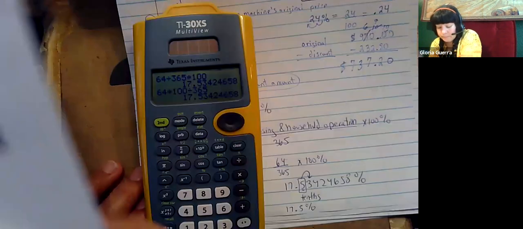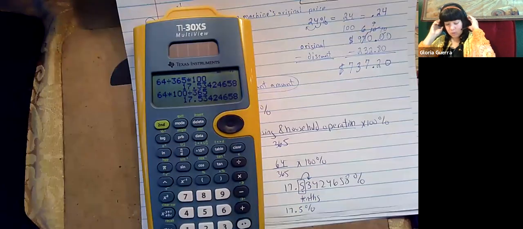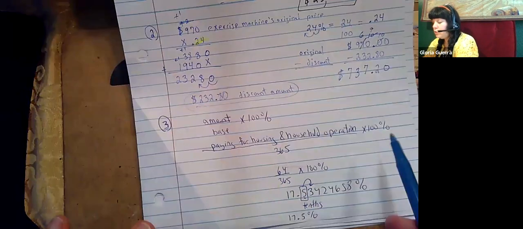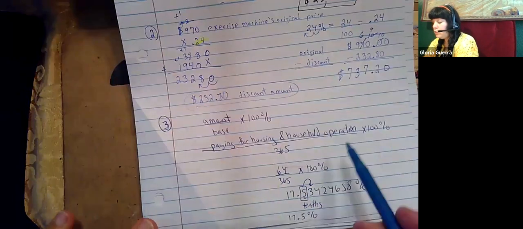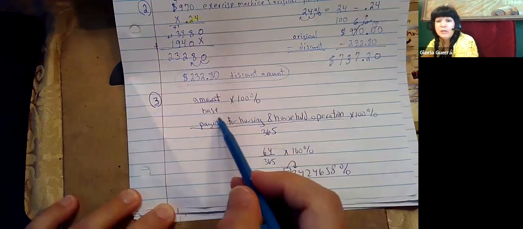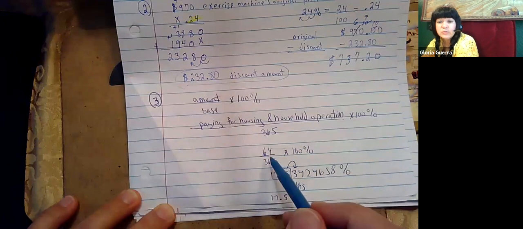Okay. All right. So on your paper, when you're doing this problem, here's your formula: amount over base times 100. Put that down, and then do your substitutions. These are your substitutions, and then this is your exact value.